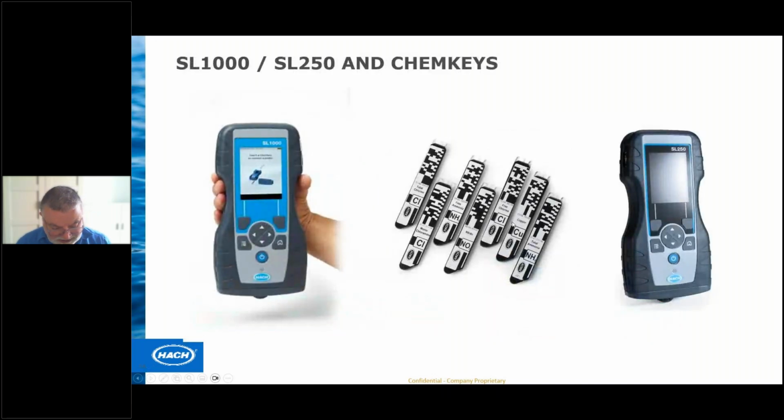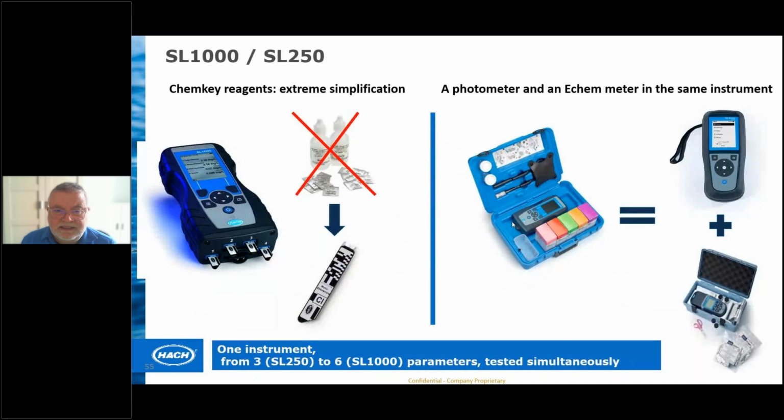Now, presentation of the SL range and ChemKeys, which is a hybrid instrument with definitively a revolutionary method for measuring parameters. The SL series is a very innovative concept that combines a colorimetric measurement using a unique analytical technique, which is called ChemKeys, and a multiparametric device that uses electrochemistry probes to measure pH, conductivity, dissolved oxygen, and so on.